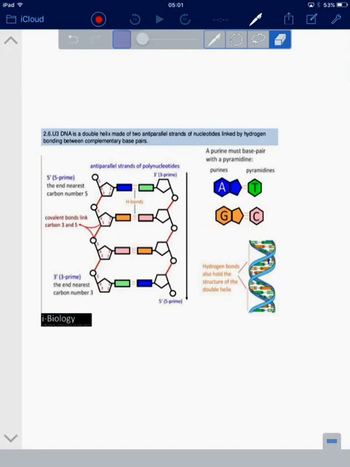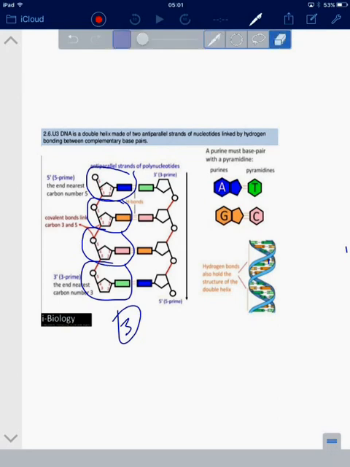And then when we look at the third diagram, which is the main one here, we can see that we have phosphate sugar base as a nucleotide, which forms phosphodiester bonds to the next nucleotide to create a polynucleotide.